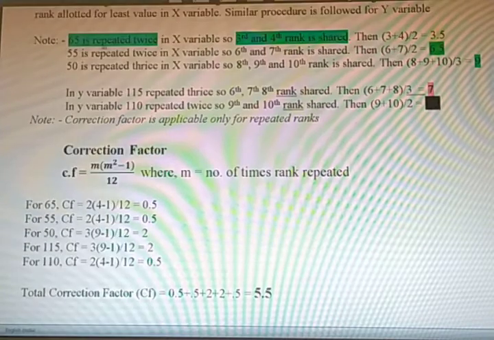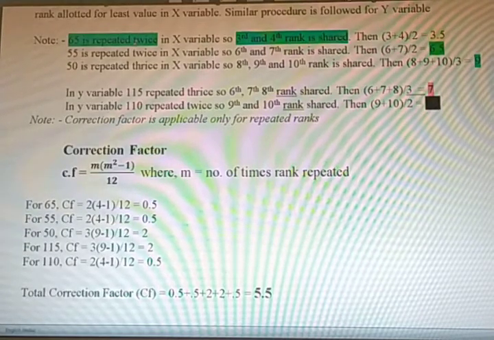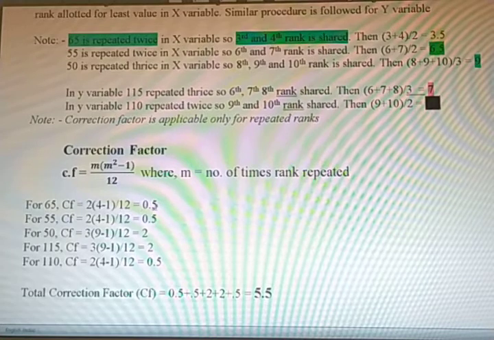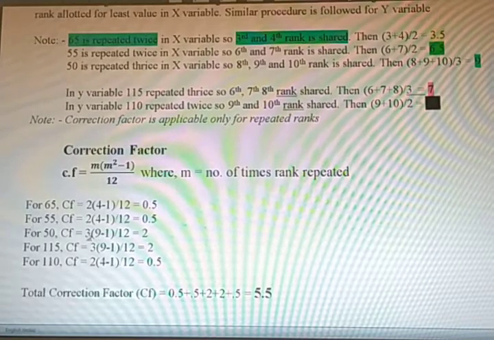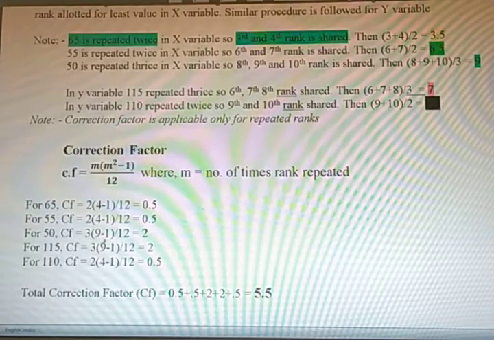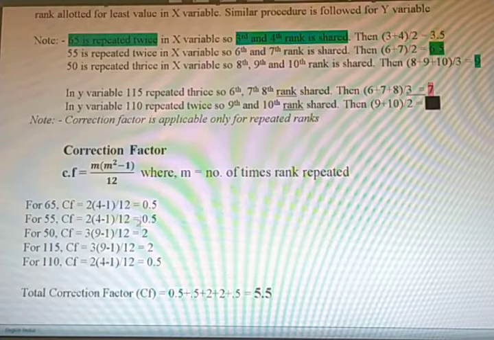65 is repeated how many times? Twice, so m will become 2. 2 into 4 minus 1 divided by 12 gives 0.5. Similarly 0.5 for 55. For a value repeated thrice, m will become 3: 3 into 3 square, 3 square is 9, minus 1 is 8, 8 into 3 is 24, divided by 12 is 2. A similar procedure is applied for the others.